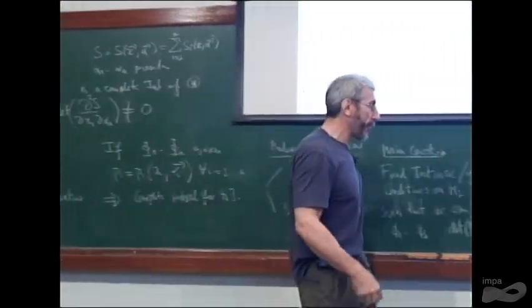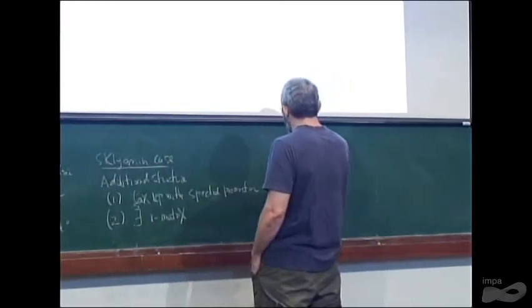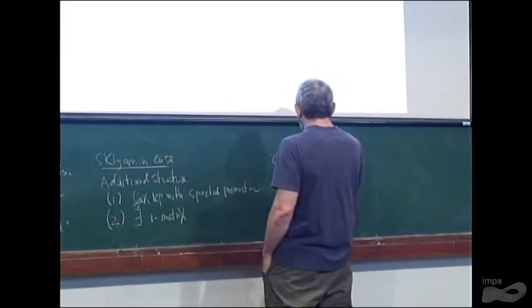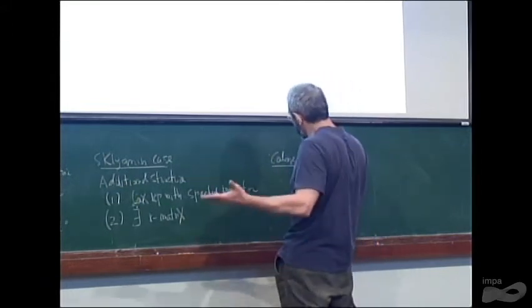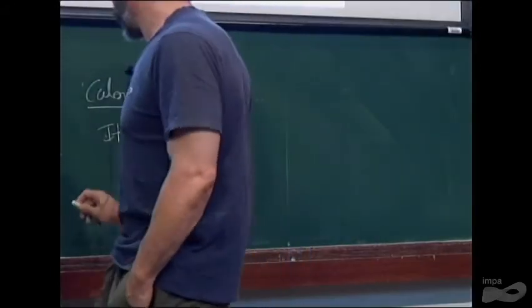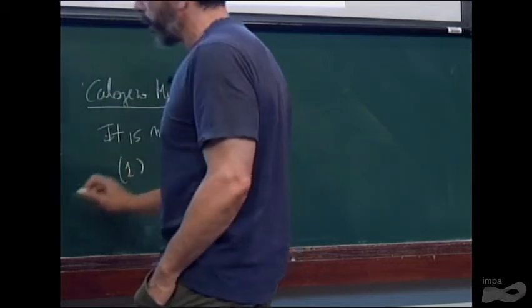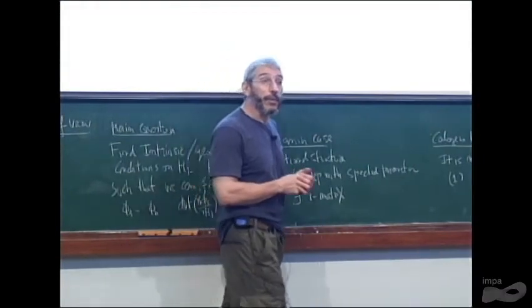But there are systems like Calogero which do not admit, or at least it is not known, either a Lax representation with spectral parameter or a classical R matrix representation.